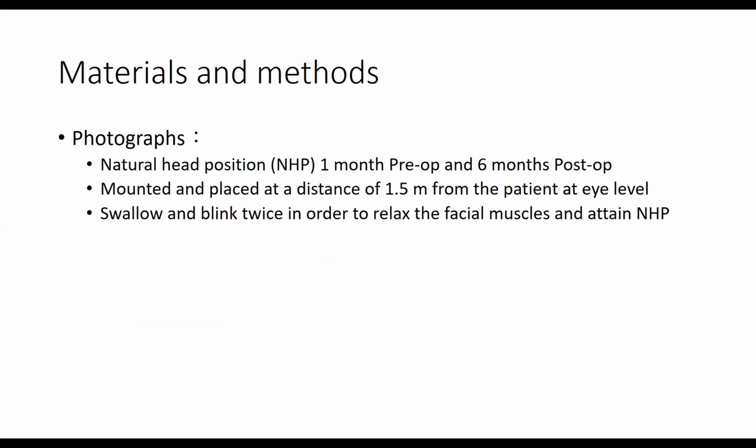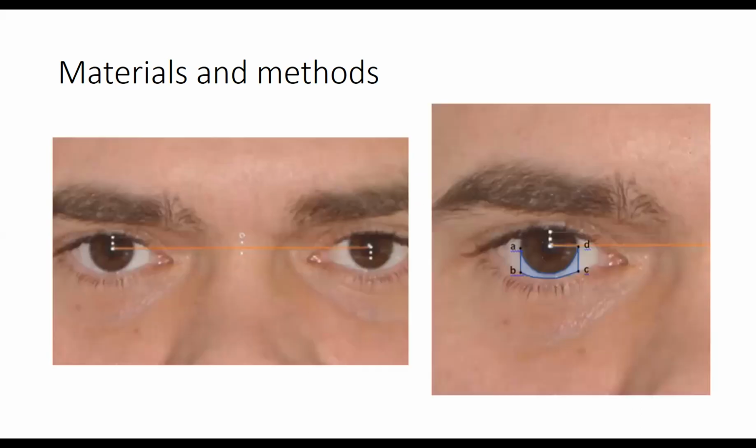For the photographs, natural head position was obtained 1 month pre-op and 6 months post-op by the same camera mounted and placed at a distance of 1.5 meters from the patient at eye level. Swallow and blink twice was performed in order to relax the facial muscles and attain natural head position.